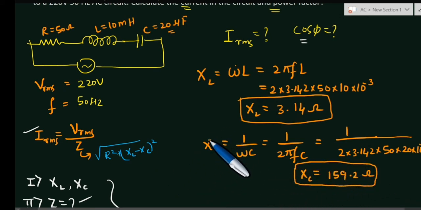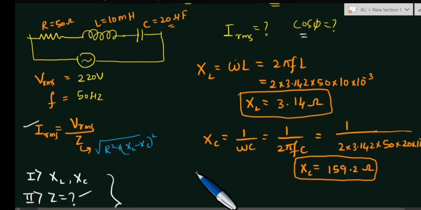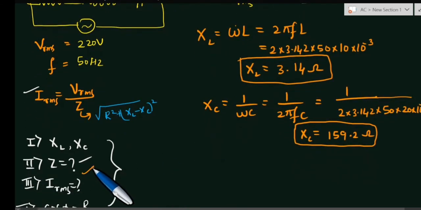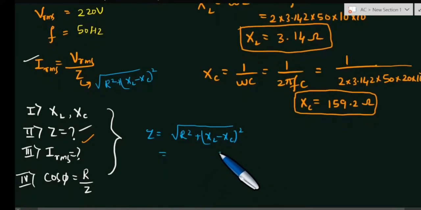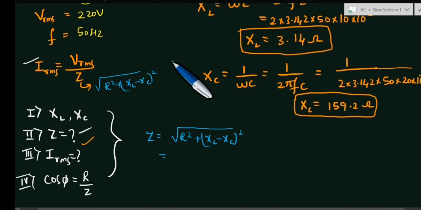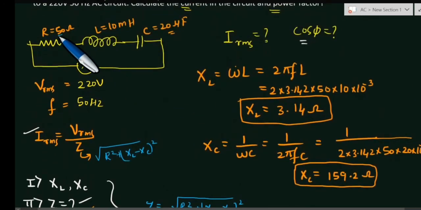Coming to the second step, calculate the value of Z. Z is equal to the square root of R square plus XL minus XC whole square. So substitute the values of R, XL, and XC. The value of R is given in the problem, 50 ohm.